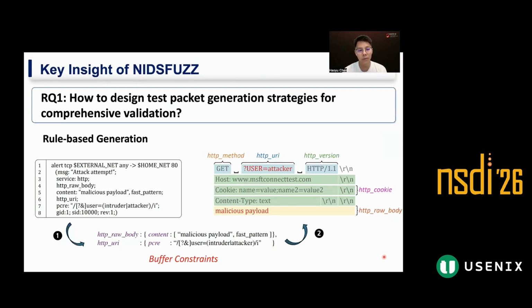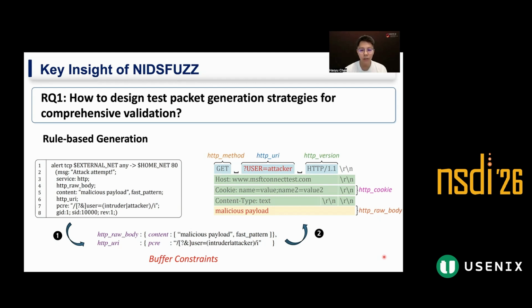To address this gap, we proposed NIDSFuzz, a systematic rule-oriented fuzzing system. NIDSFuzz solves three core research questions. The first question is, how to design test packet generation strategies that achieve comprehensive validation.